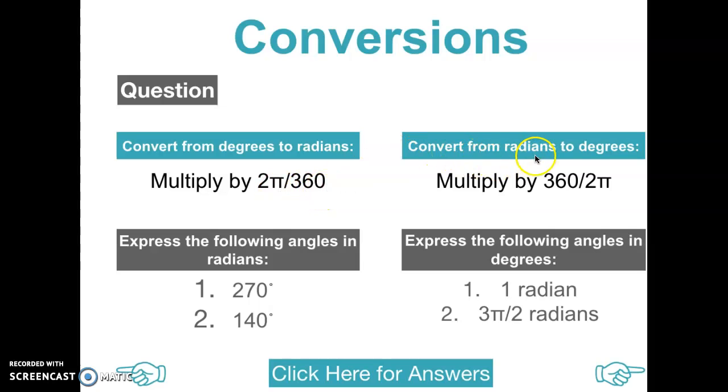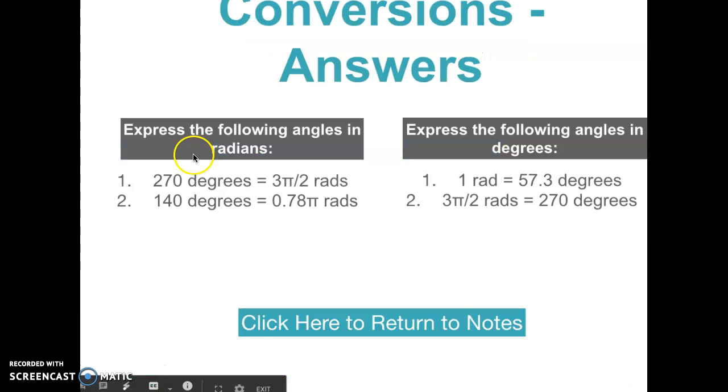Similarly, if you're converting from radians to degrees, you would multiply by 360 and divide by 2 pi. Have a go at these 4 questions. See if you can get the right answer. I hope you got the right answers and are ready to move on. If not, maybe take a step back and have a look at the explanations again.